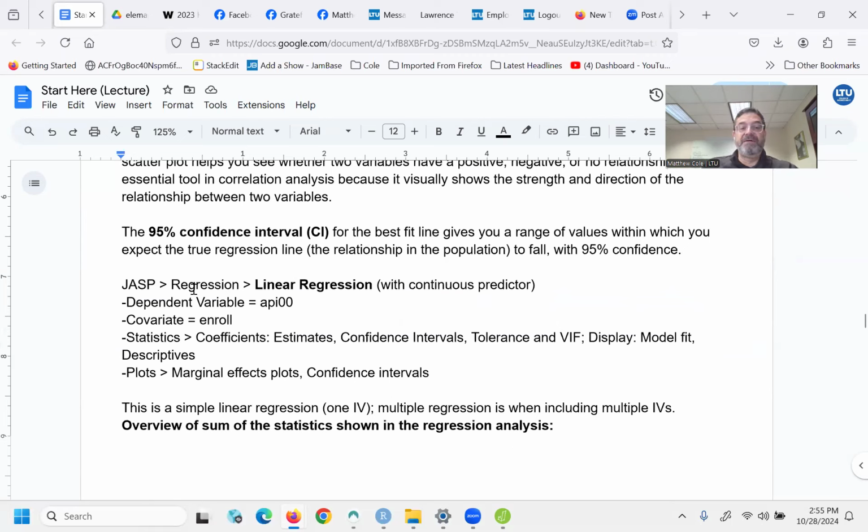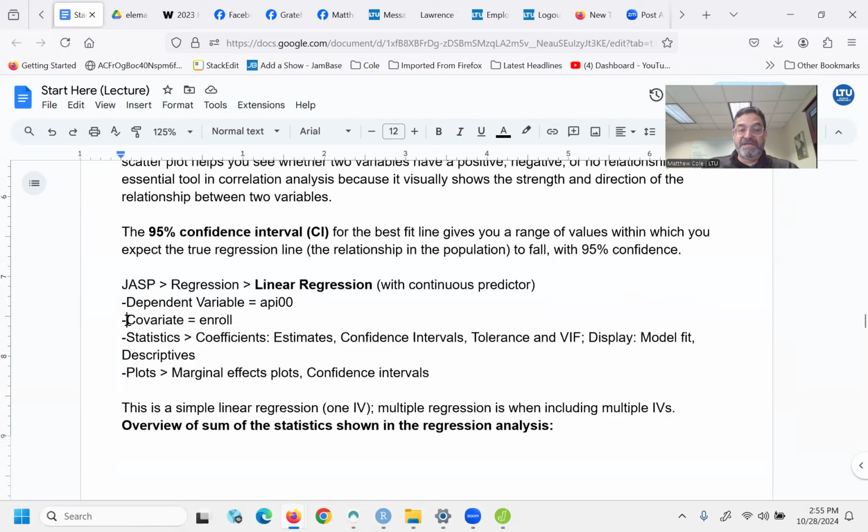So what we'll do now is we're still in the regression bucket of analyses, and now we select linear regression. And we have a continuous predictor because regression allows for both continuous and categorical predictors. So now we're specifically going to say, let's make the dependent variable academic performance.